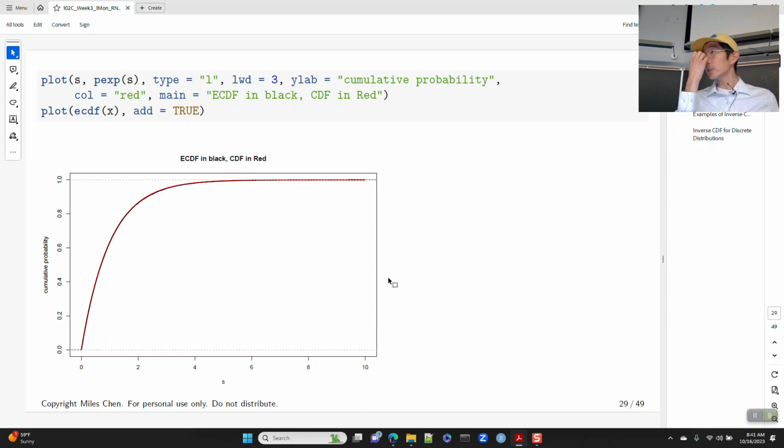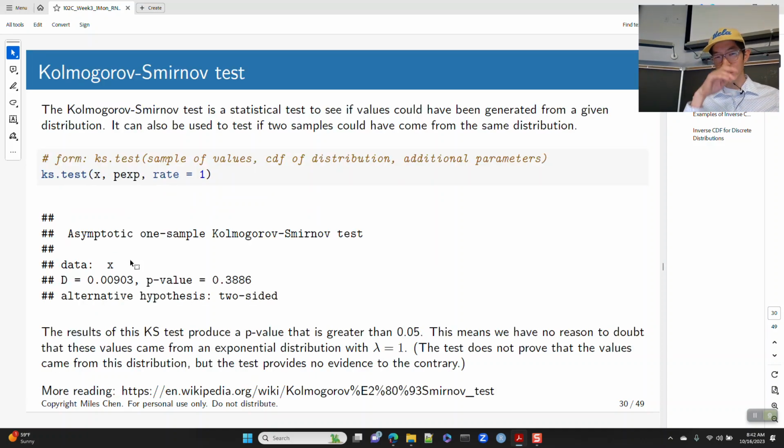We can conduct a statistical test to see if there is deviation between the empirical CDF and the theoretic CDF. I don't know if you've heard of this, the Kolmogorov-Smirnov test. It's a statistical test that we can use to see if two samples could come from the same distribution.